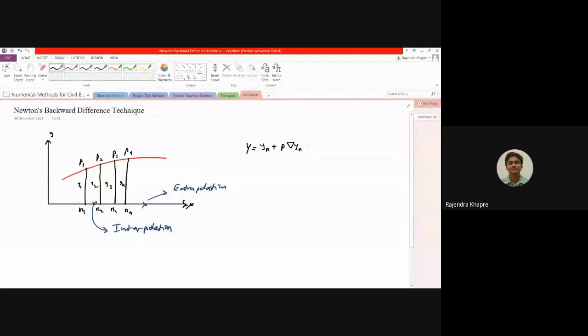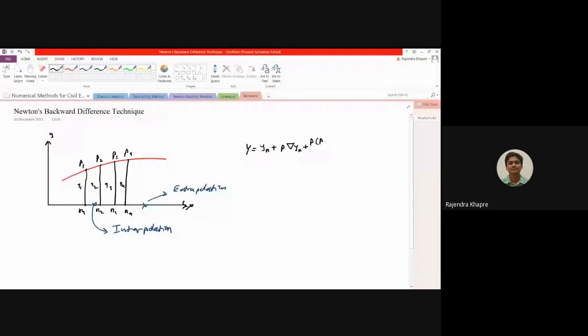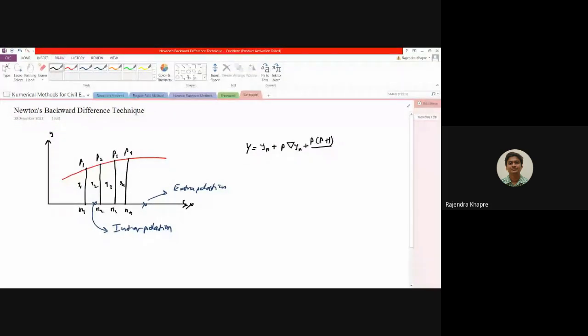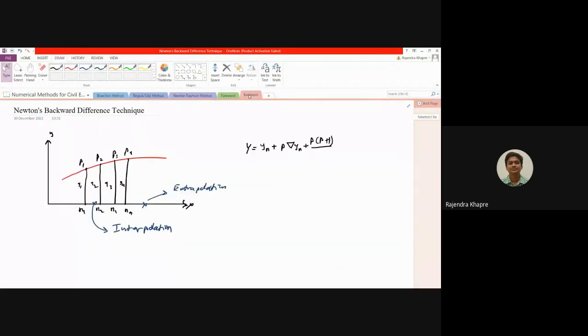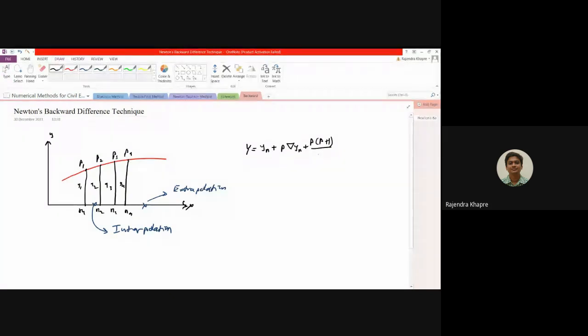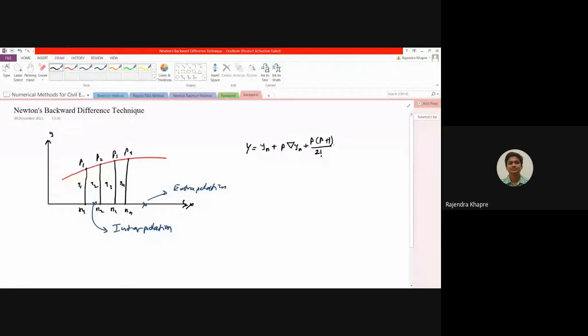That's why the reverse delta is there, and this will be delta of yn. Then we have p into p plus 1. If you refer to the forward difference method, the equation was having p minus 1, but in the backward difference method it is p plus 1, divided by 2 factorial, and again multiplied by the reverse delta square of yn.